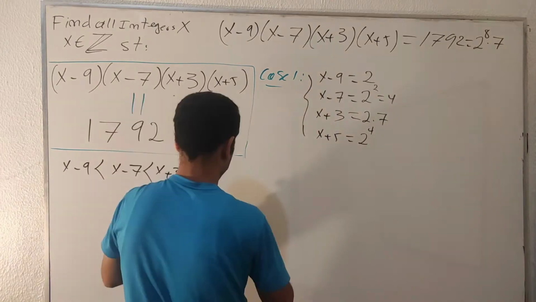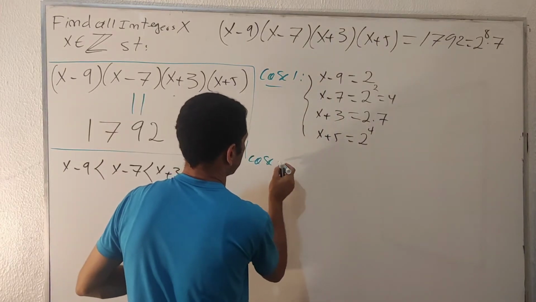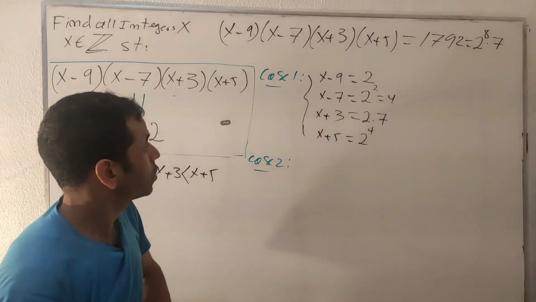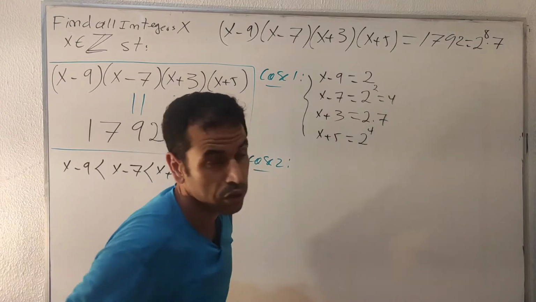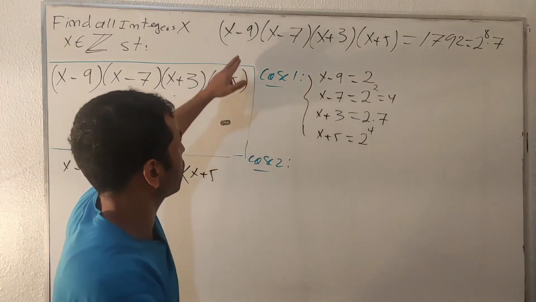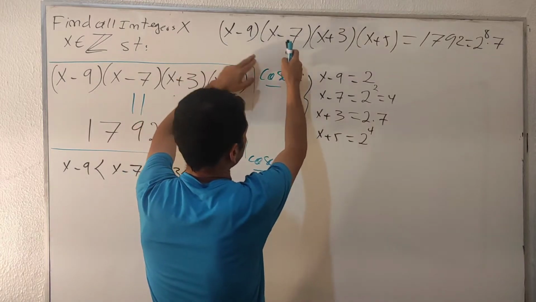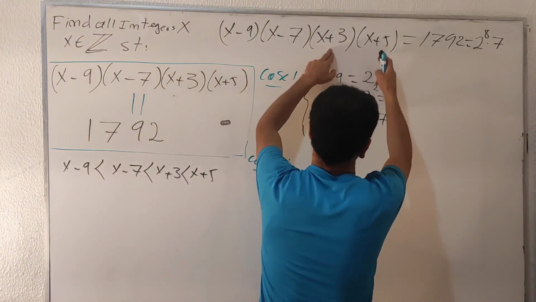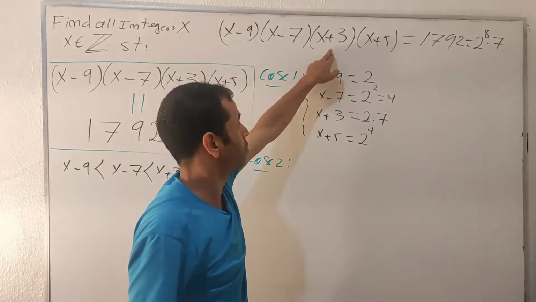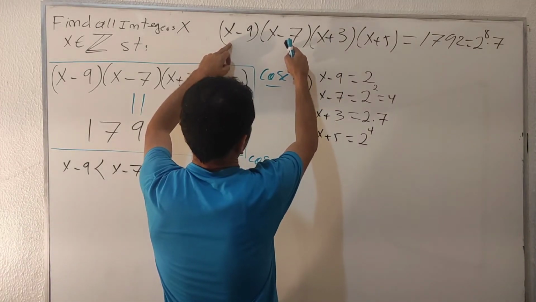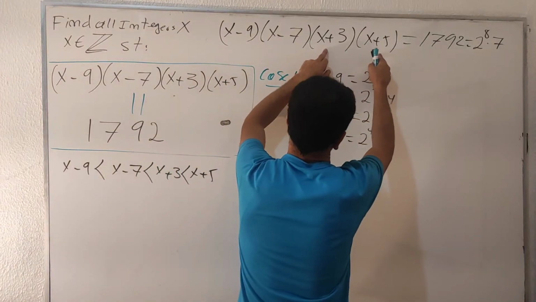Okay, for case number 2, we will have a different thing here. We may have all these terms negative, because since we have 4 terms here, you may have these 2 terms negative, and also this one is negative if we are in the negative area. Or you can have these 2 terms negative and this one positive.